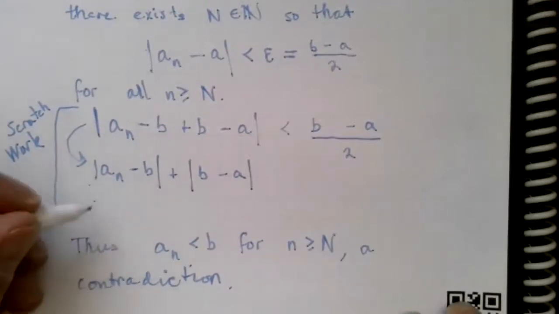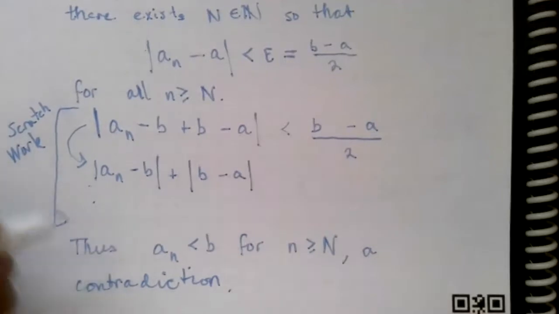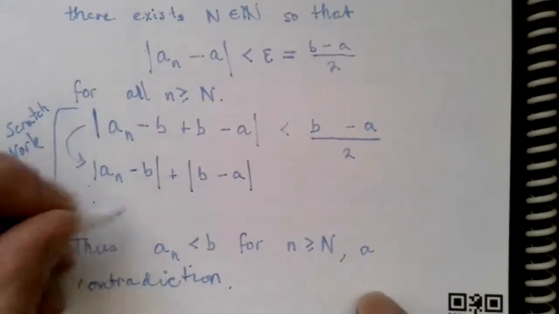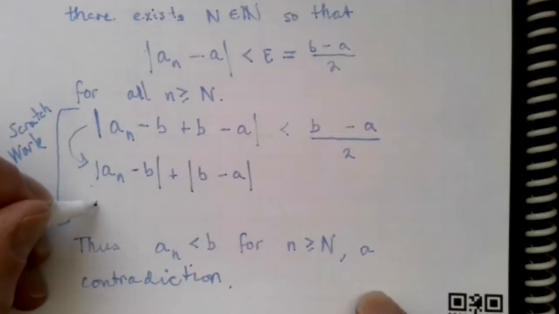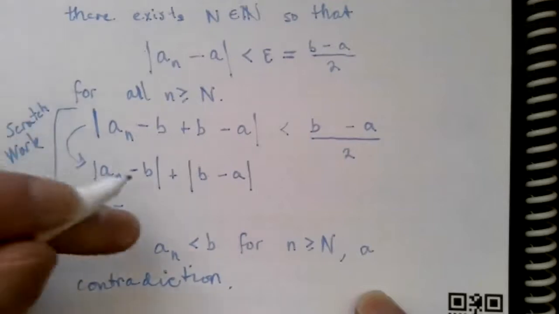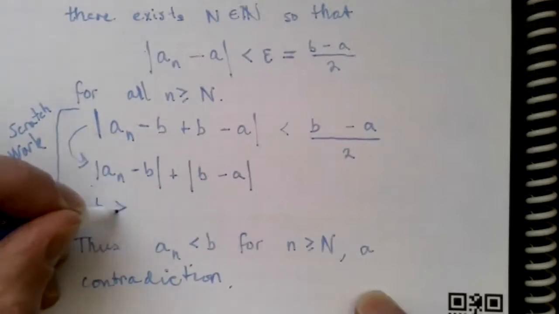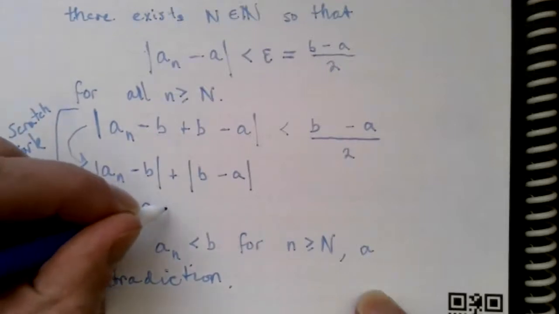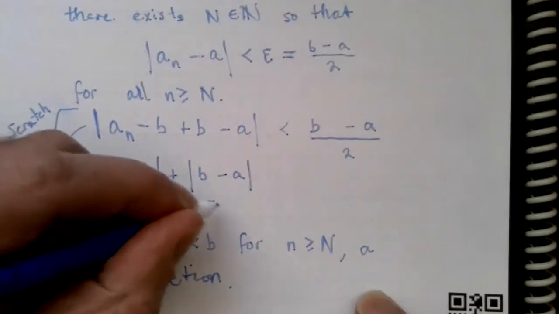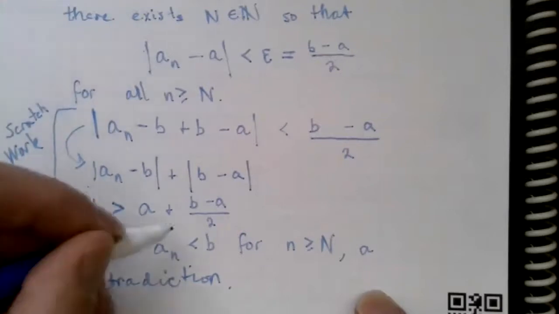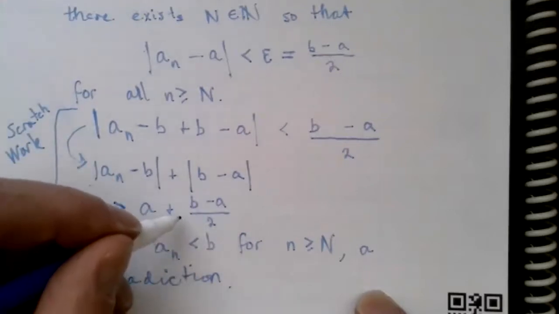Okay, so the A sub n's are within epsilon of A. So let's see if we can do something with this. B is definitely greater than A plus B minus A over 2, because this was not the full distance, it was half the distance.